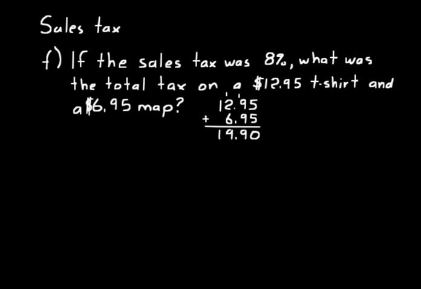Now we need to multiply that by 0.08, because that's what 8% is, right? 8%, 8/100ths. Now we want to ignore our decimal places for now. Let's say 4 dp off to the side to remember that we'll need 4 decimal places when we're finished.